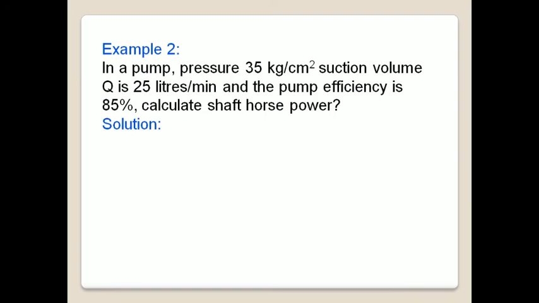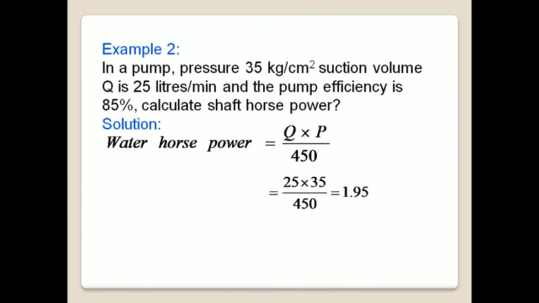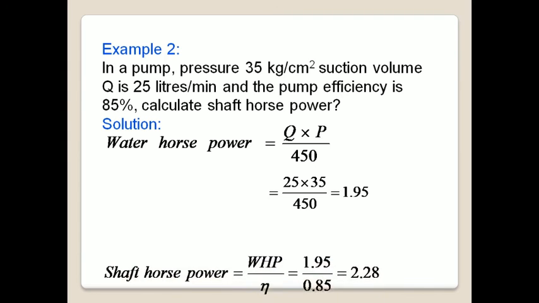Then the next problem is, in a pump, pressure is created 35 kg per centimeter square. Suction volume is 25 liter per minute and the pump efficiency is 85%. Calculate the shaft horsepower. So first of all, we will calculate water horsepower by Q multiplied by P divided by 450. So Q is 25, P is 35 divided by 450 will be 1.95.